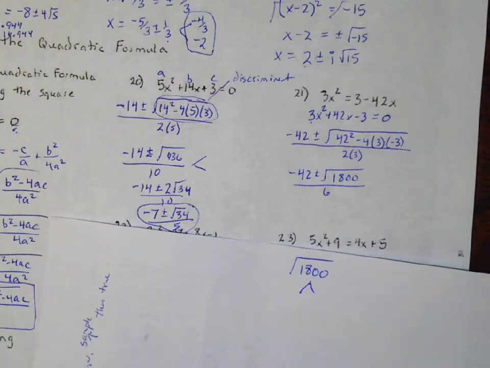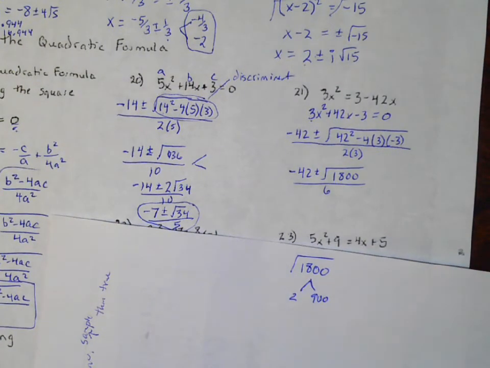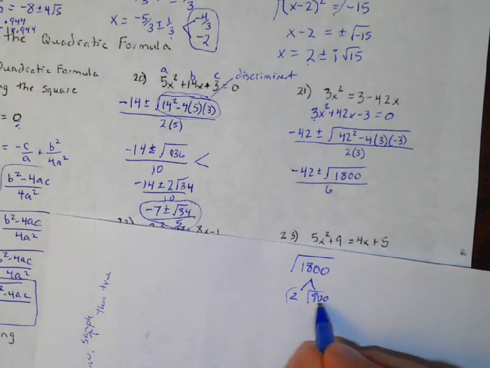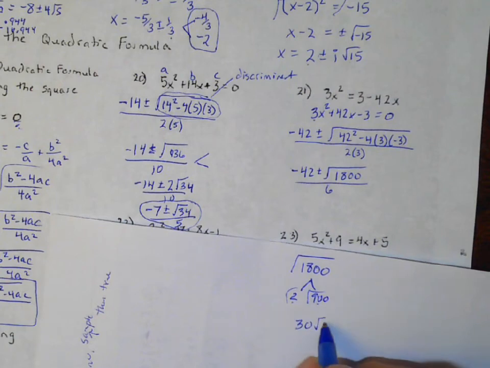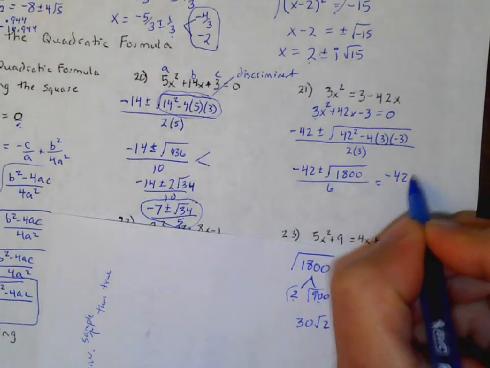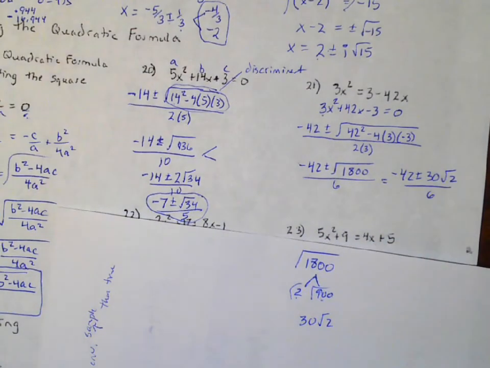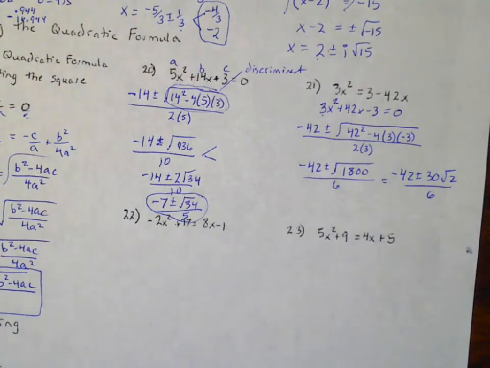Well, let's do this. Okay, we know it's 2 times 900. Okay, and 900, the square root of 900 would be 30. Okay, so this one would be 30, and we're left with the square root of 2. Okay, so this would be the same thing as negative 42 plus or minus 30 square root of 2 over 6. And then we simplify.